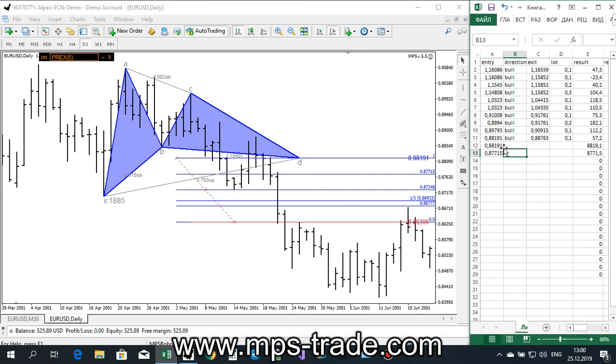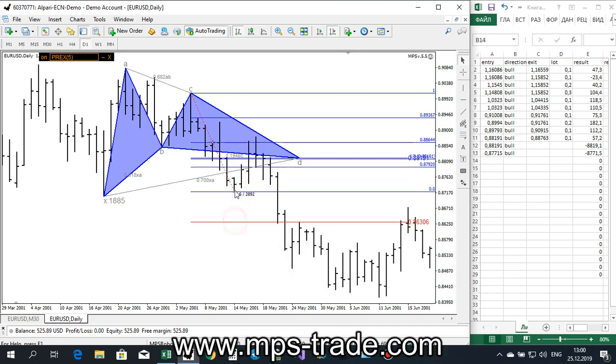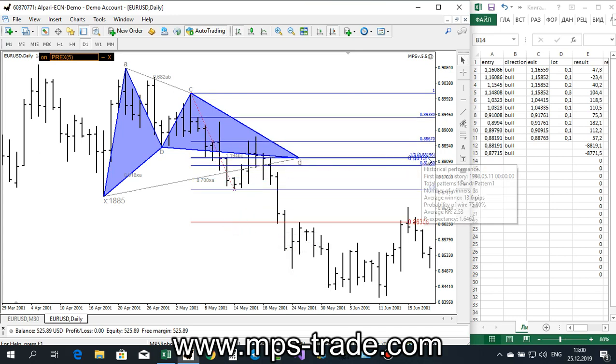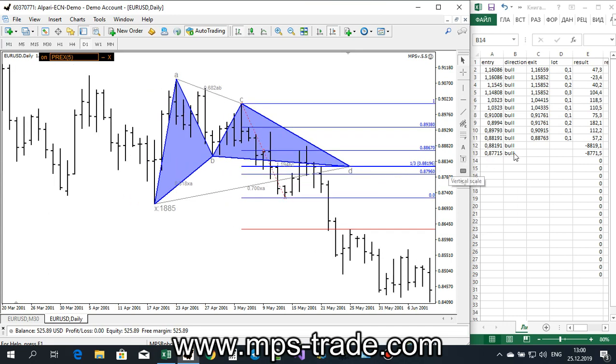Okay, so bull pattern, and the exit is this one, 1/3, which is 88.19, 88.96. And it is the same for both. First trade is 0.1, second trade is 0.2.